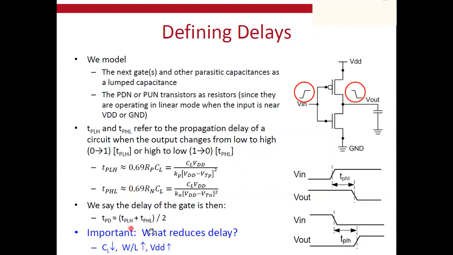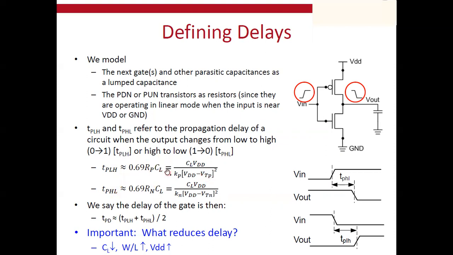The average between tP high-low and tP low-high will give you an estimation of the propagation delay of a logic gate, tPD. So you can estimate the propagation delay using this value, and here you can find typical values for tP low-high and tP high-low from these equations.